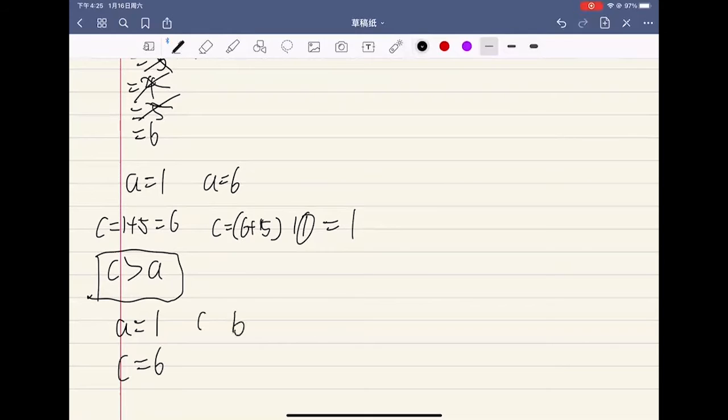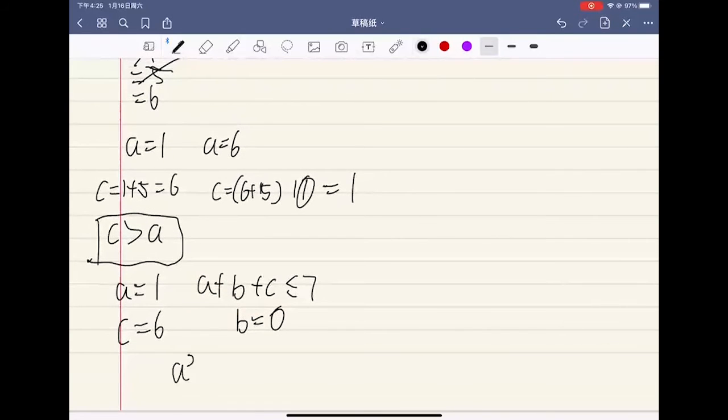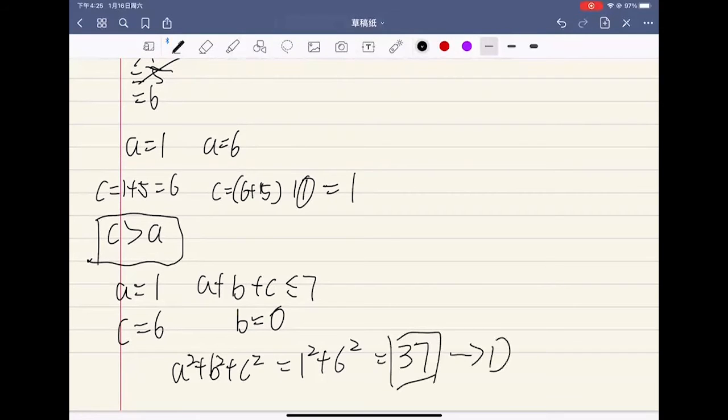And B equals 0. Thus, A squared plus B squared plus C squared equals 37, and that's the answer D. Get this?